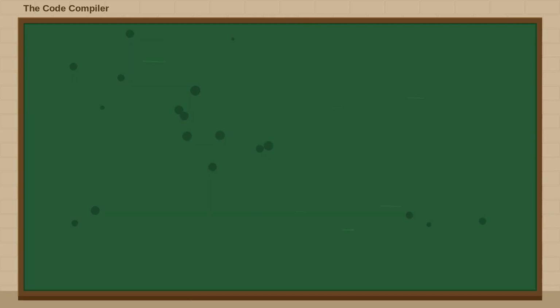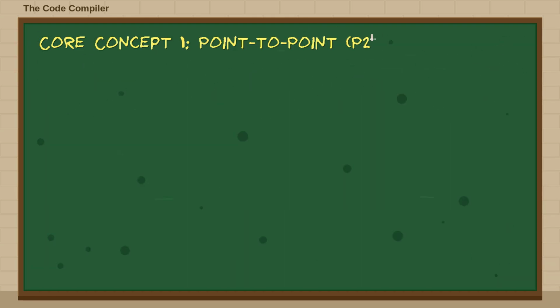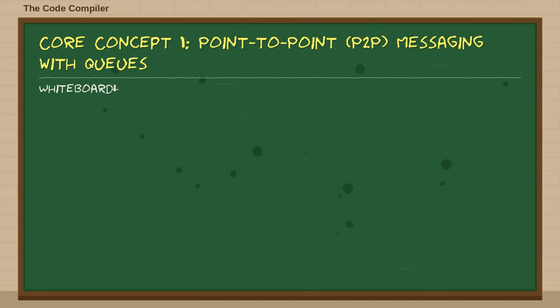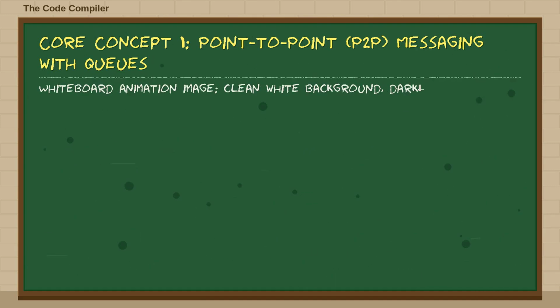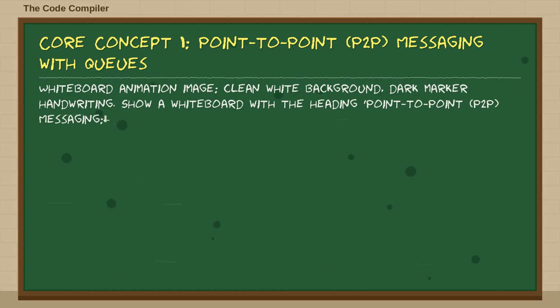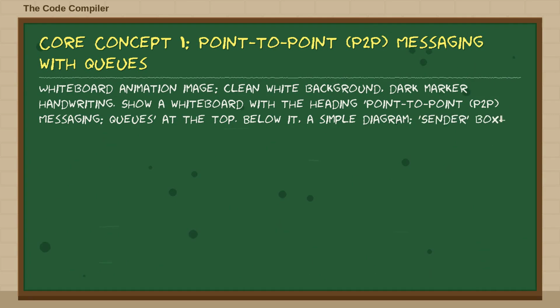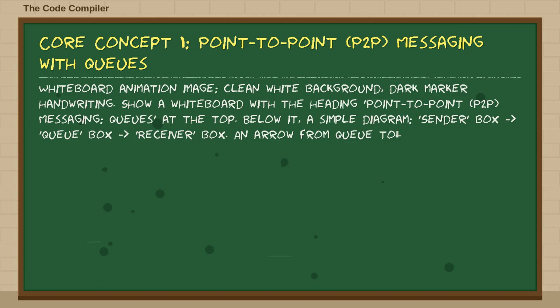Service. Whiteboard animation image, clean white background, dark marker handwriting. Show a whiteboard with the heading point-to-point, P2P, messaging, queues at the top. Below it, a simple diagram, sender box, queue box, receiver box.